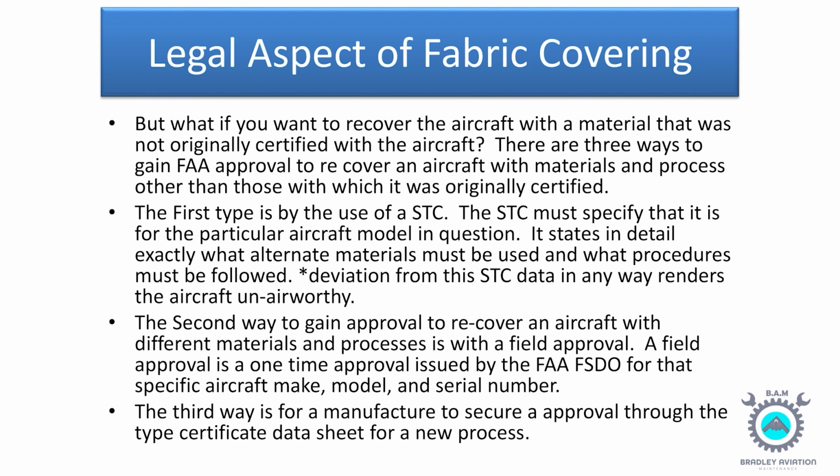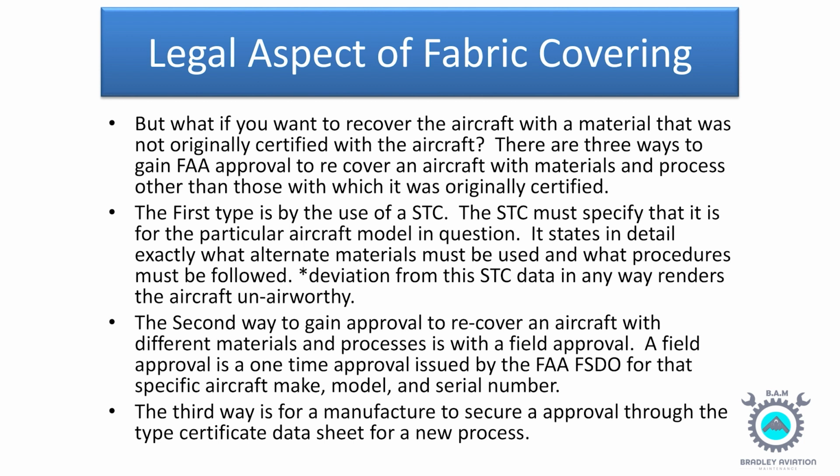Legal aspect of fabric covering. But what if you want to recover the aircraft with a material that was not originally certified with the aircraft? There are 3 ways to gain FAA approval to recover an aircraft with materials and processes other than those with which it was originally certified.